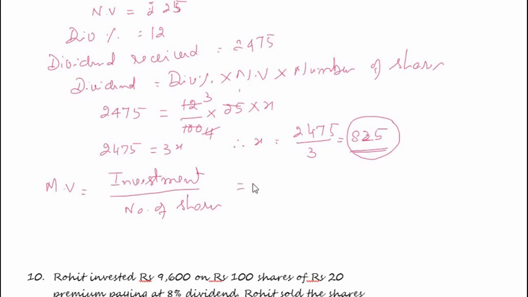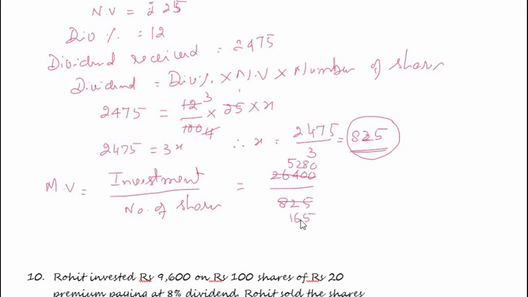Investment he has done is 26,400 rupees. 26,400 divided by number of shares, 825. Now this will go in 5, so 5280 over 165.